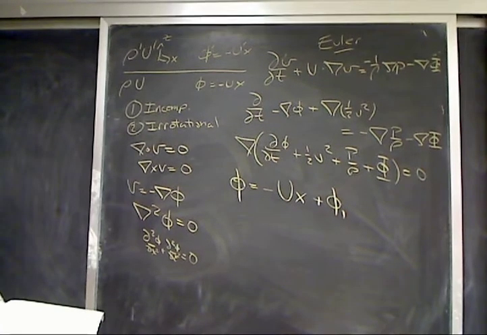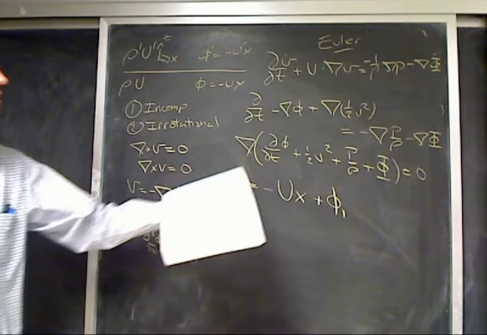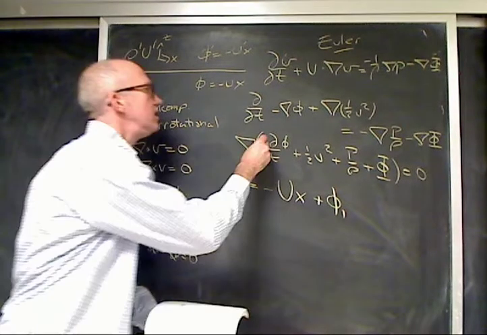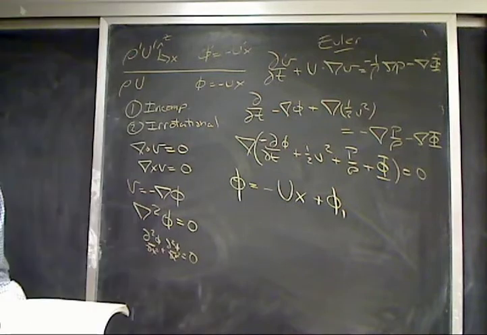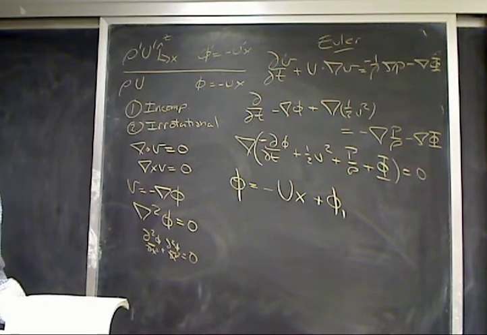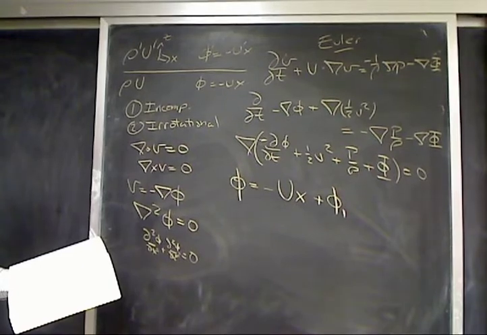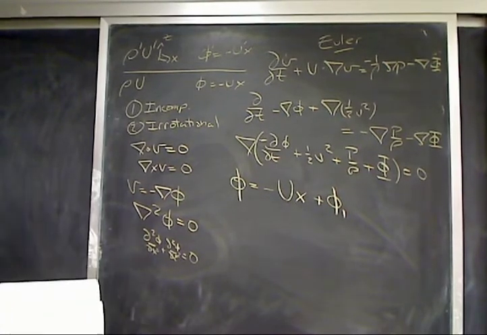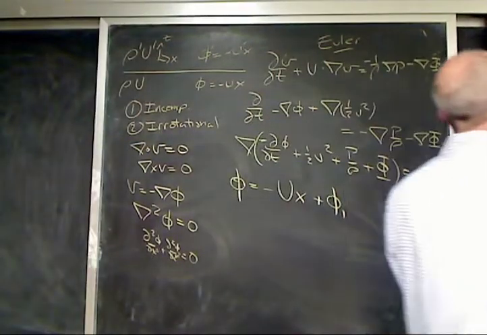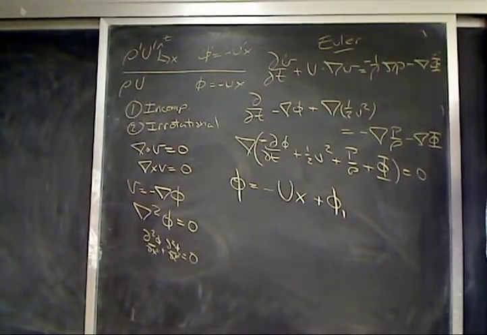Is there a negative in front of the? There's a negative there. All right. Useful fact. I'm going to write this useful fact over here too. Phi equals minus u x plus phi.